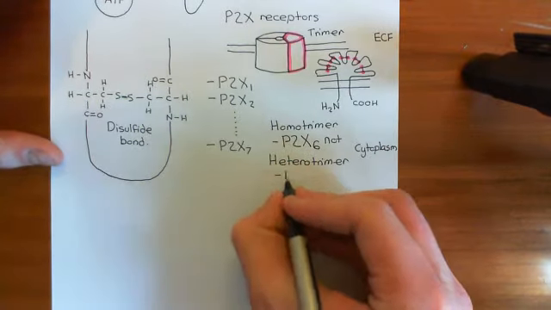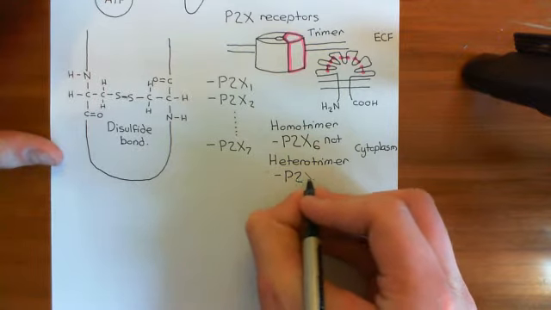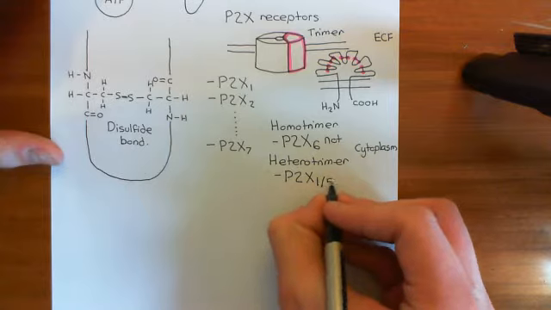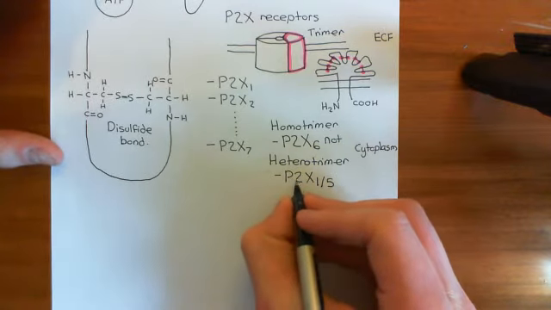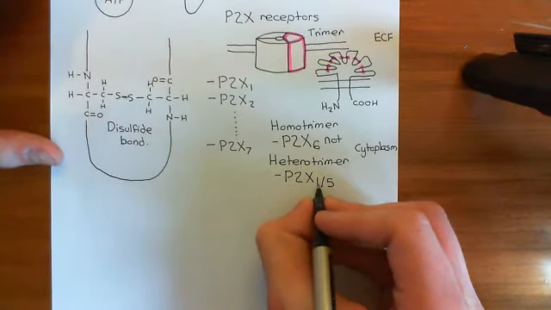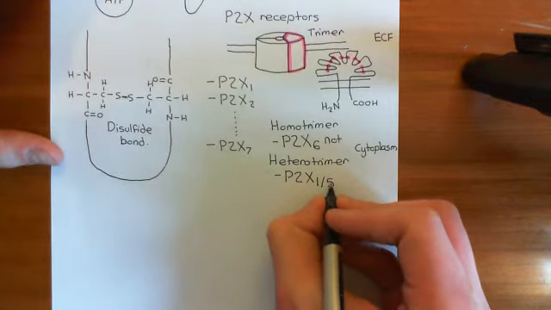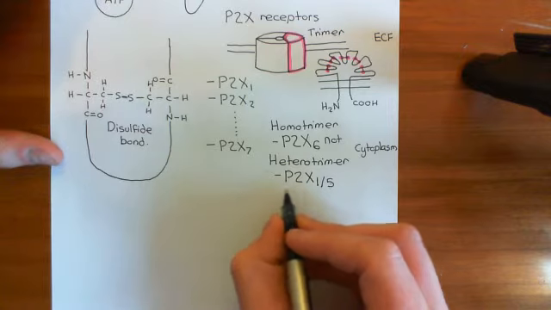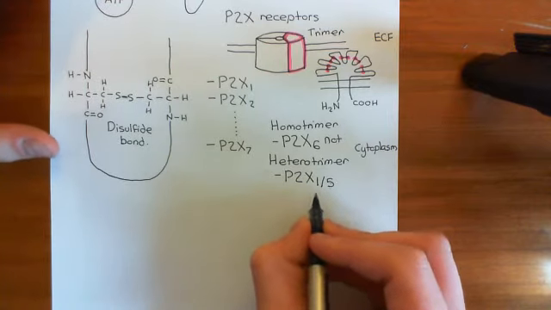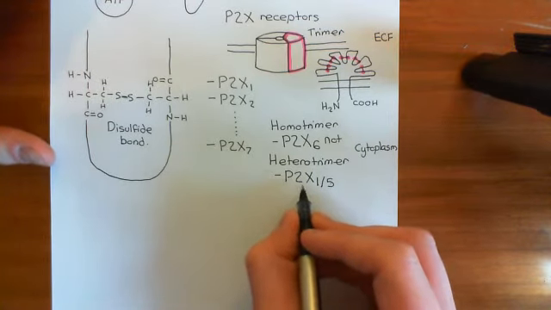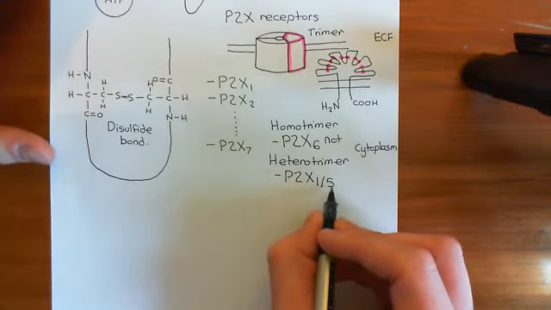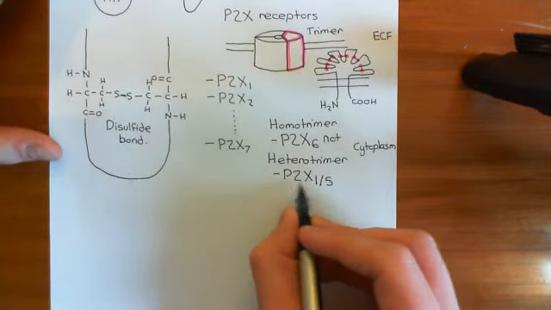Okay, so some examples are you can find heterotrimers of P2x1 and 5, which means that you can find receptors which contain both P2x1 receptor subunits and also P2x5 receptor subunits. Now, the stoichiometry, I don't think that's known yet. I don't think it's known how many P2x1s you take and how many P2x5s you take, because there are 2 possibilities.